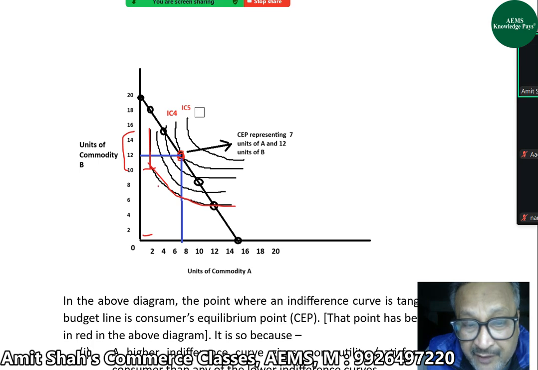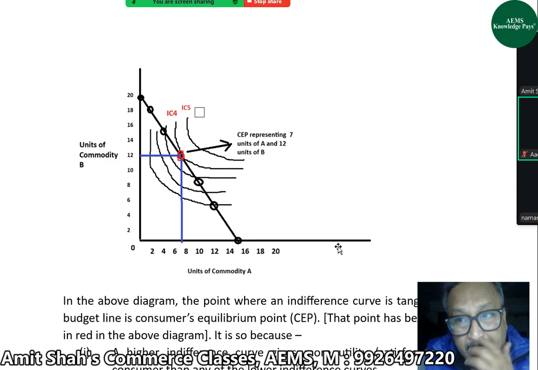So every movement that I do, I lose some units of the commodity kept on the y-axis, and I gain some units of the commodity kept on the x-axis. I hope you have understood this, both of you. Yes, sir.